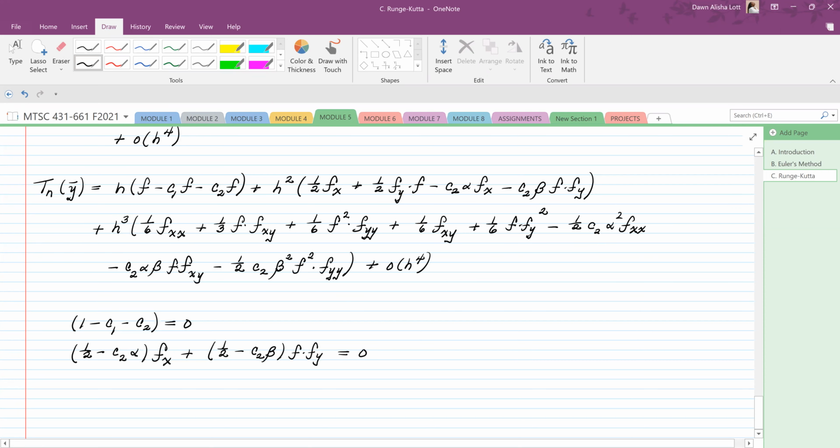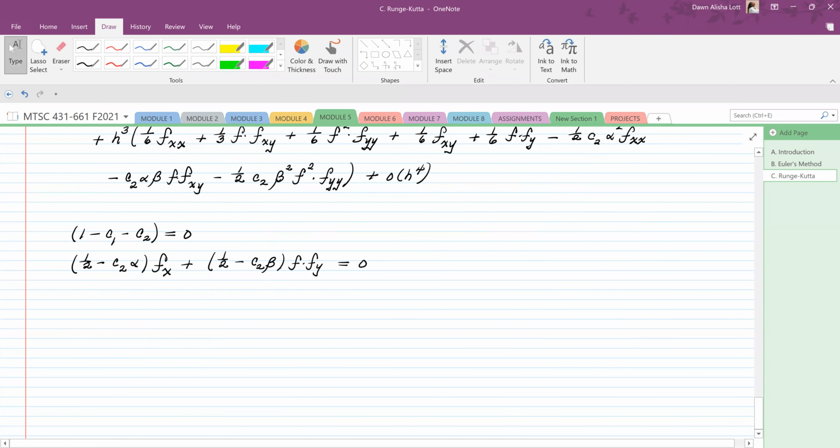All right, so 3 equations, 4 unknowns. So this is an underdetermined system.